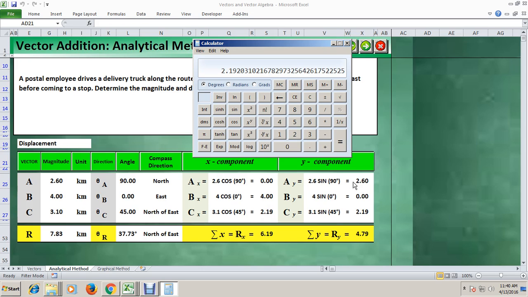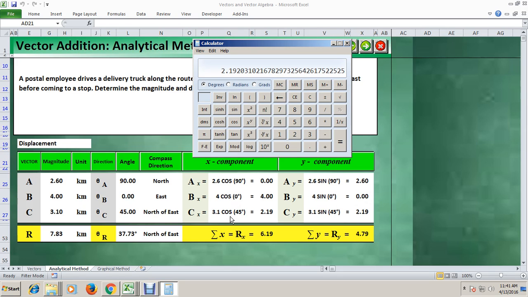Now, as for the y components, you have sine 90 degrees. Sine 90 degrees is 1. Multiply this with 2.6 gives you 2.6. Sine 0 gives you 0. Multiply with 4 gives you 0. Sine 45 is also the same as the value for cosine 45.